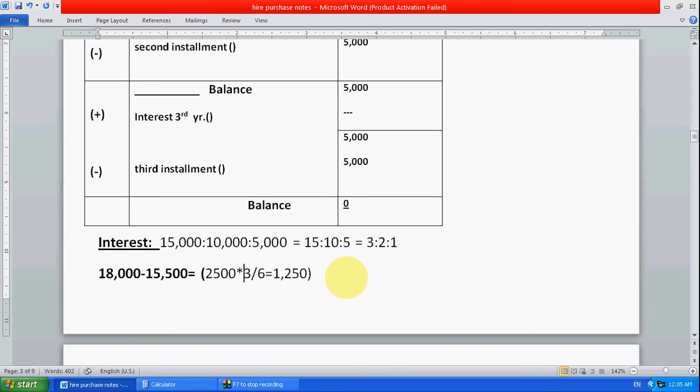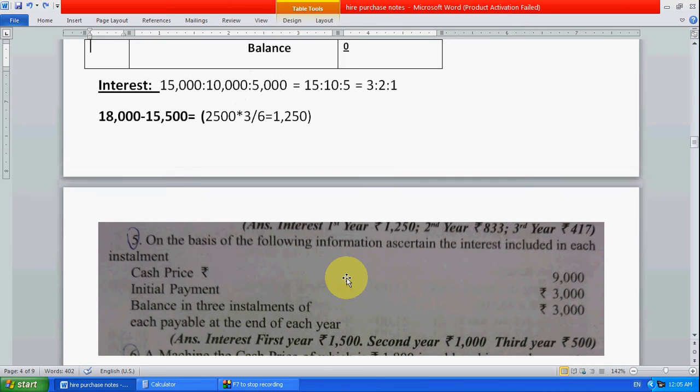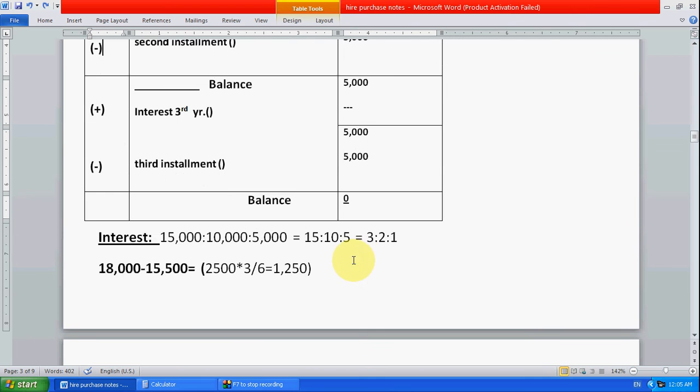We have to go for the second. Okay, 2500 into 2 divided by 6 is equal to how much are we getting?